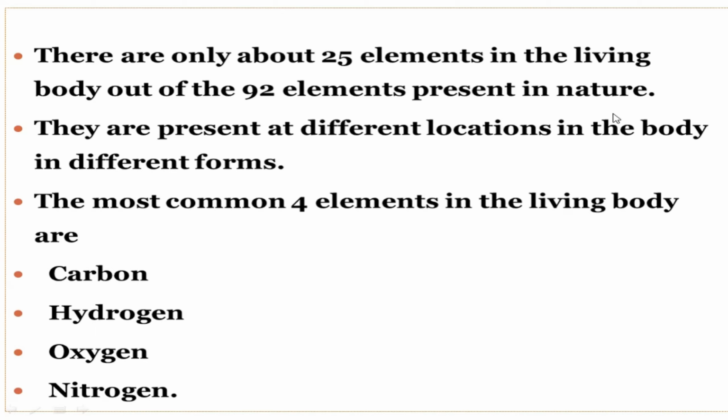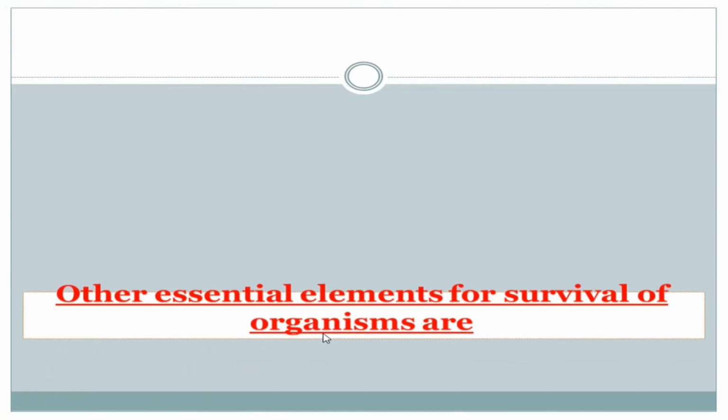And when we consider the location of these elements, they are present at different locations in the body in different forms. And the four most common elements in the living body are carbon, hydrogen, oxygen and nitrogen. Right. Next one.